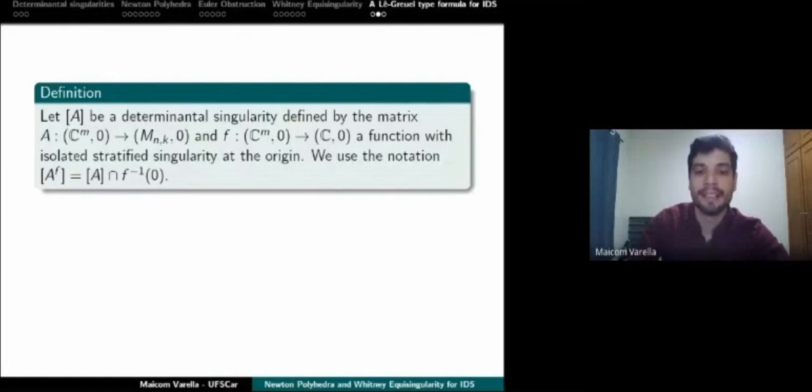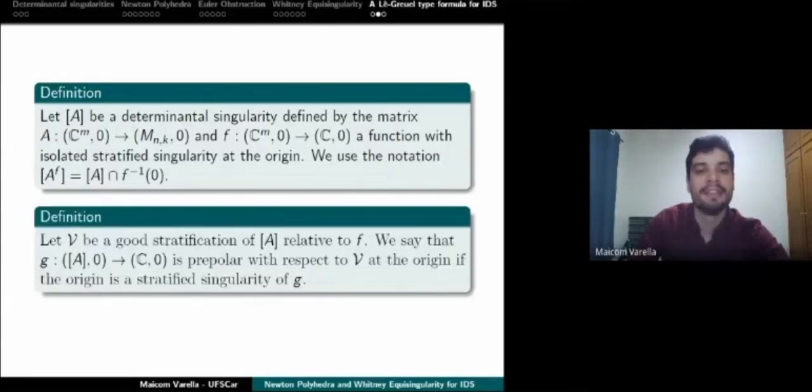And let A be a determinantal singularity defined by the matrix A, and f a function with isolated stratified singularity at the origin. We use this notation for the intersection between A and the inverse image of 0 by the function f. And let V be a good stratification of A relative to f, we say that g is prepolar with respect to V at the origin if the origin is a stratified singularity of g.